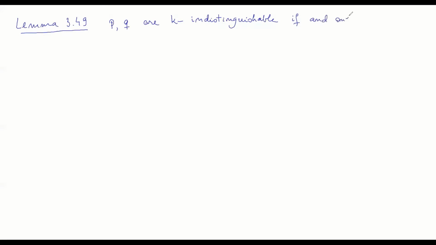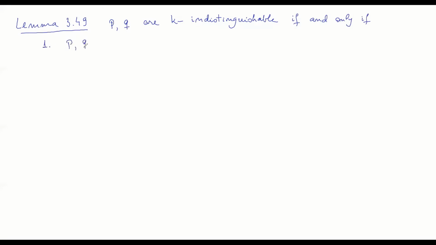And so here is the first result I want to give. This is a lemma, in your lecture notes it is called lemma 3.49. It says that P and Q are K indistinguishable if and only if we have these two conditions.